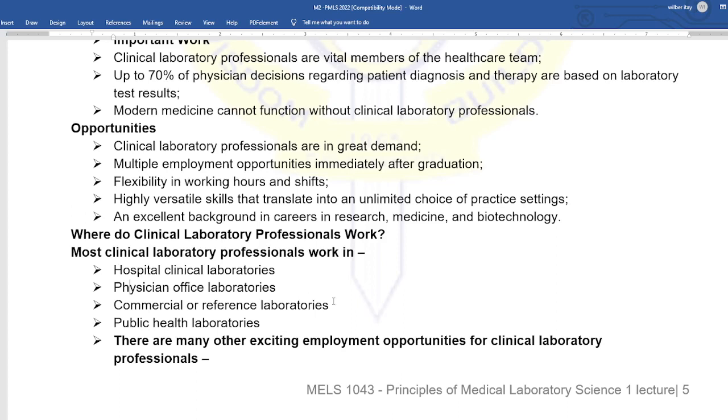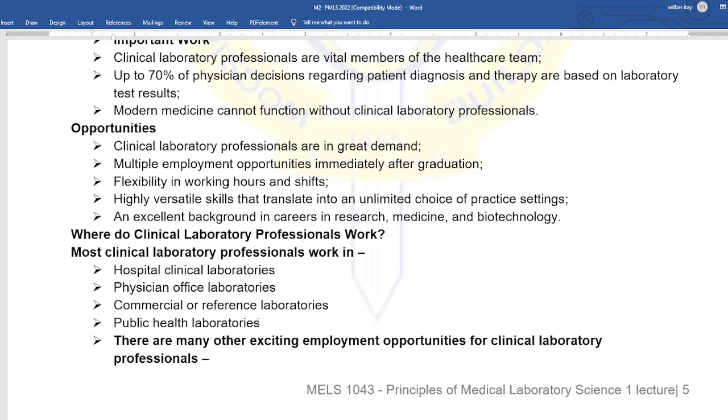So, sila kasi yung nagkakandak ng reference test for microbiology. And when we say reference methods, these are highly specific, highly sensitive methods. Okay? If there are doubts in the laboratory test result, it is confirmed by the reference laboratories.